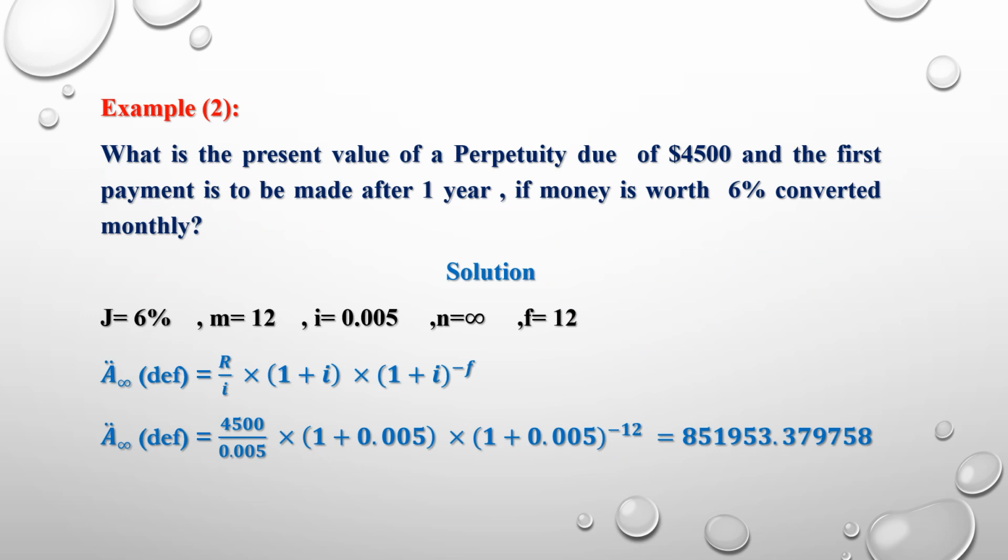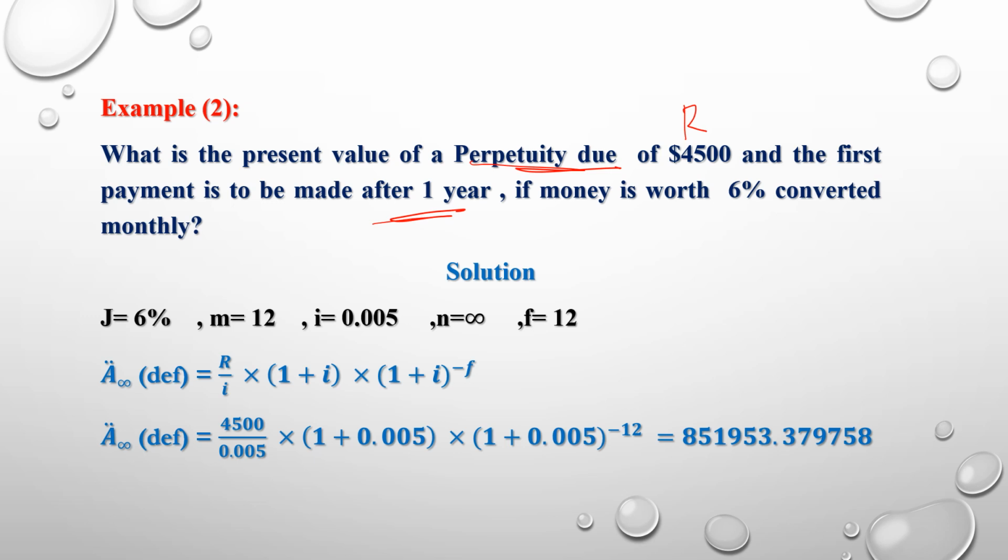Another example. What is the present value of a perpetuity due of $4,500? So this is the value of the perpetuity, this is R, and the first payment is to be made after 1 year. So it's deferred for a year. This is the deferment period.